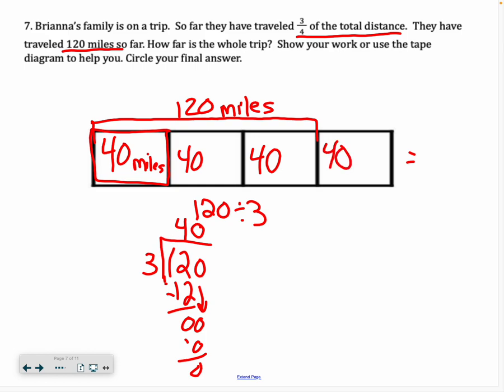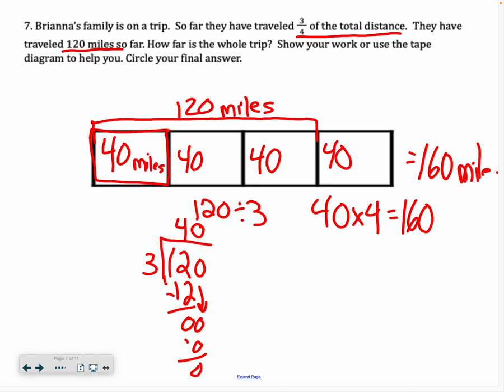And the total trip then is just multiplying 40 by 4, or adding 40 plus 40 plus 40 plus 40. 40 times 4 is the same as 4 times 4, just with a 0 at the end. 4 times 4, 16. Add in that 0. So that's my final answer, 160 miles.